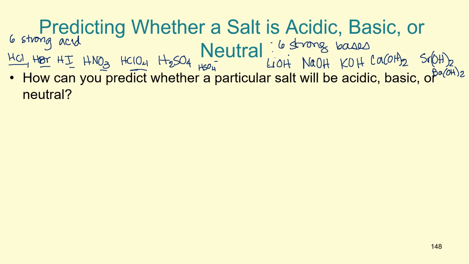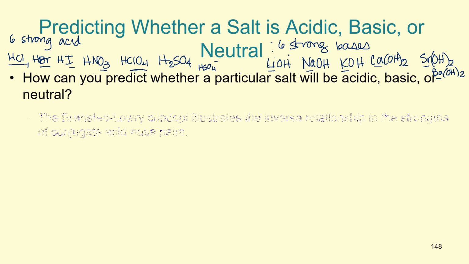They're pretty much neutral. And in the same way, these 6 positive ions, these 6 bases dissolve so completely that they don't want the OHs back. And so these 6 positive ions will always be neutral when they're in water. So it's anything else that's not one of these 6 negative ions or 6 positive ions that we have to consider.